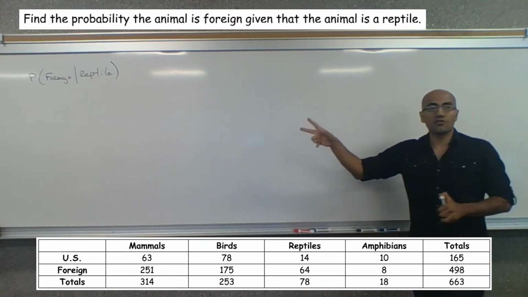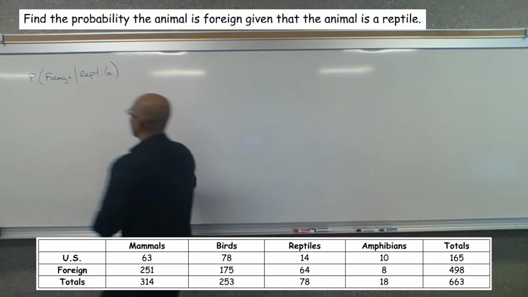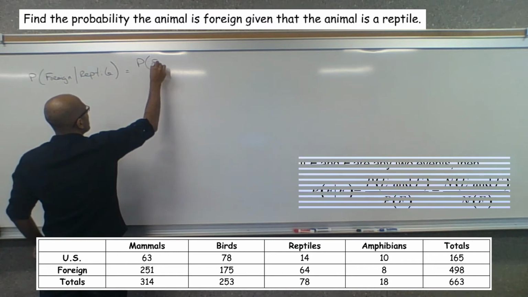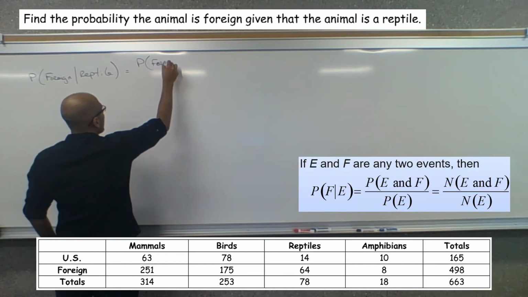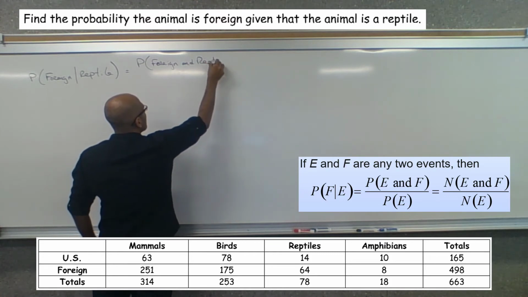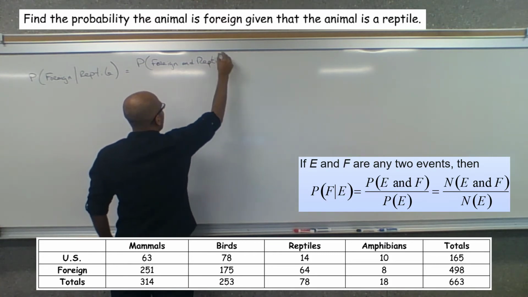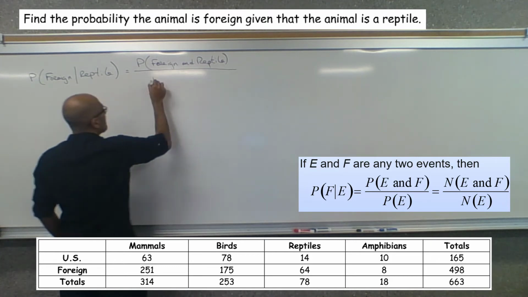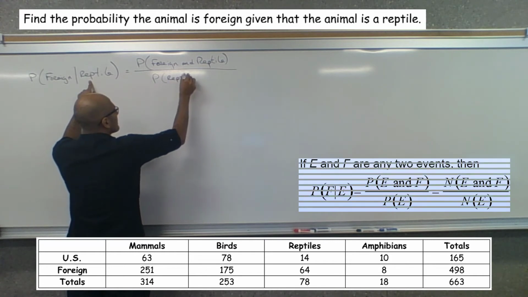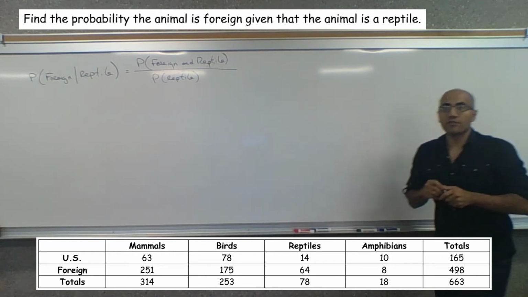So by the definition of conditional probabilities, we know that this is going to be equal to the probability that it's foreign and a reptile, divided by the probability that it's a reptile. It's got to match with this guy down there.